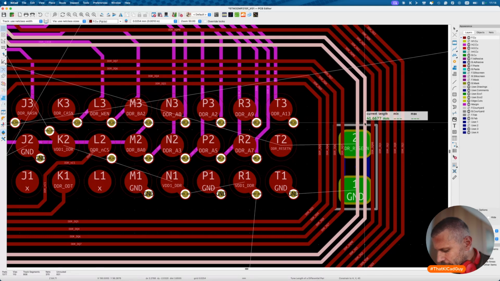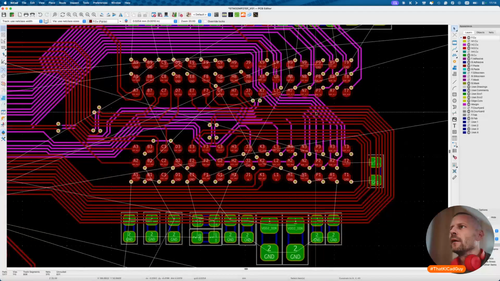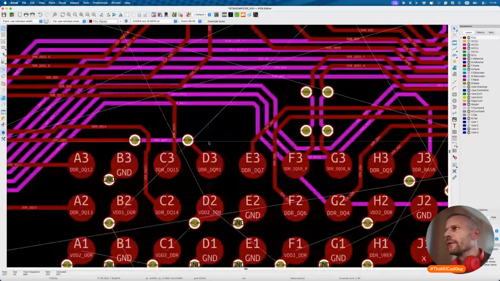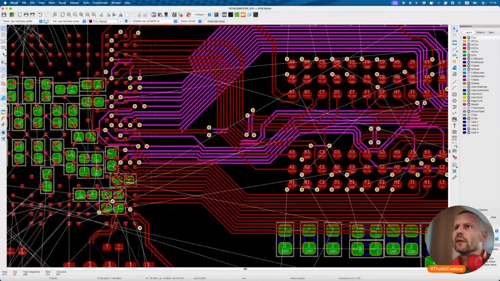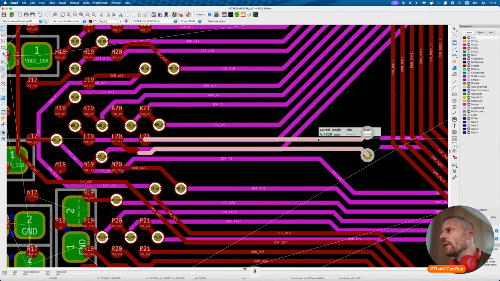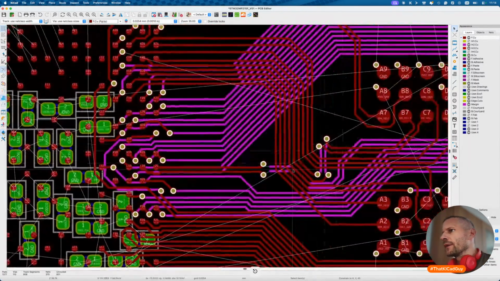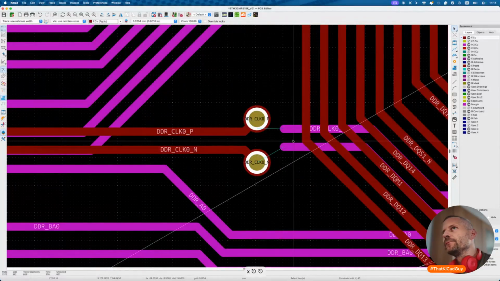So the clock pair is now, let's find the clock, probably here. No, it's strobe. Where is the clock? It was somewhere here. Here is the clock. It's not connected. I have to finish the routing.